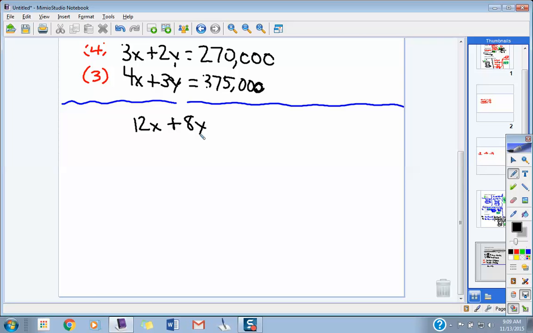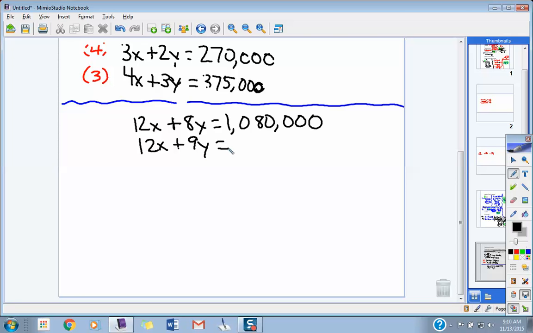Oh, help me out. 4 times 270,000, is that 1,080,000? Okay. And the bottom one, when I crisscross, 3 times 4x would be 12x again, plus 9y. And 3 times 375,000. Is that 1,125,000?